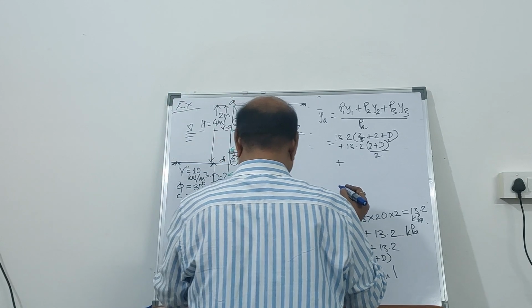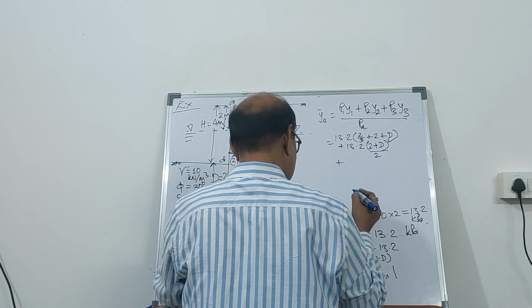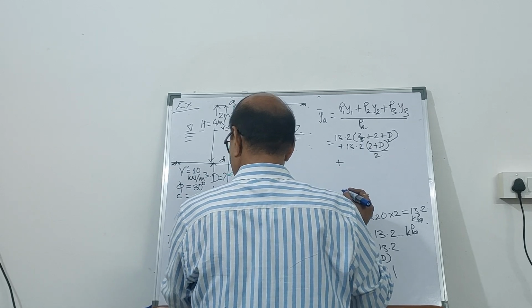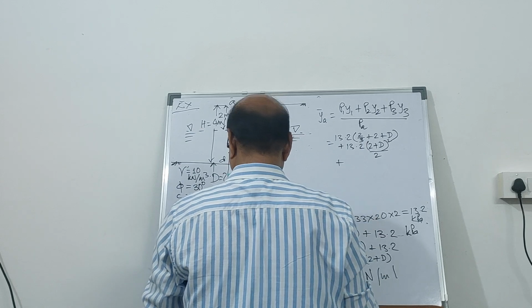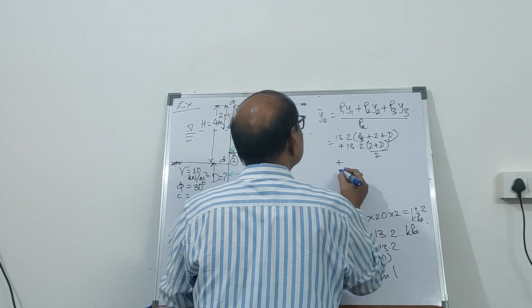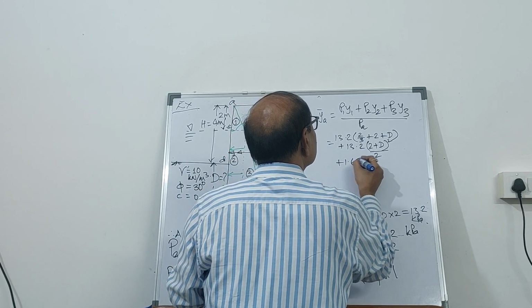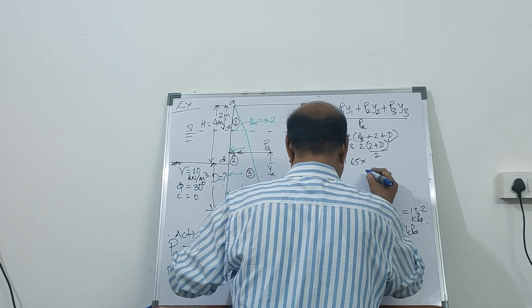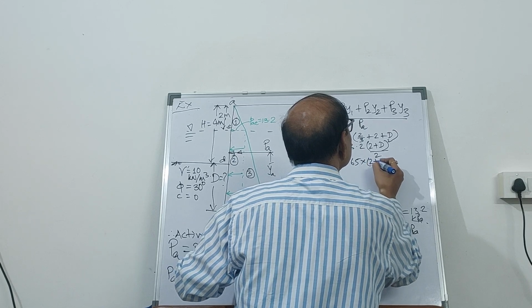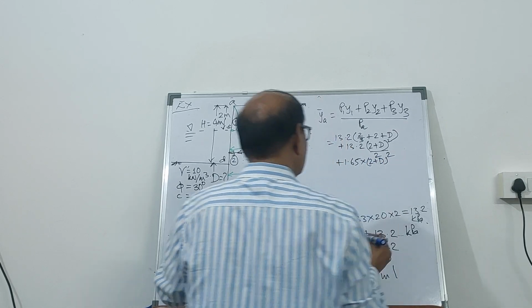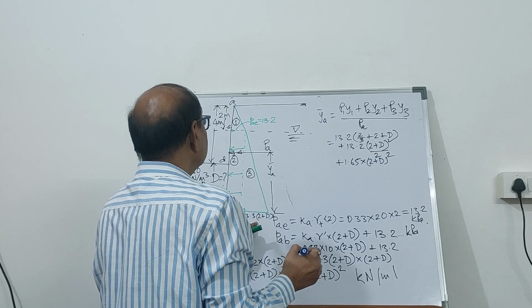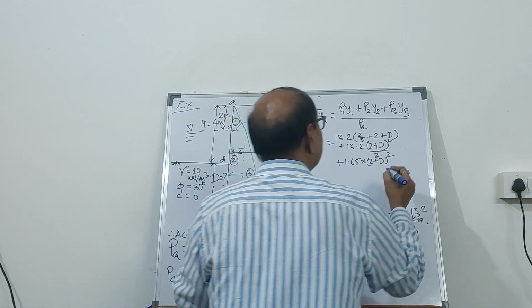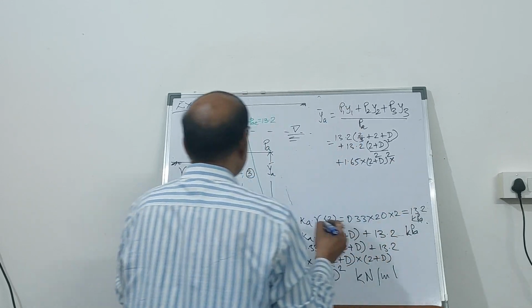Similarly, P3 is 1.65 into 2 plus D whole square. This is the value of P3, and this P3 will be acting at what distance?